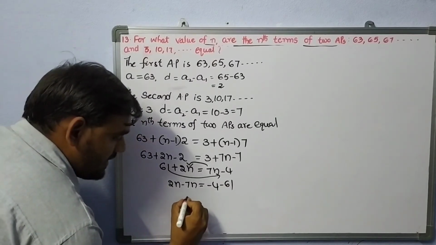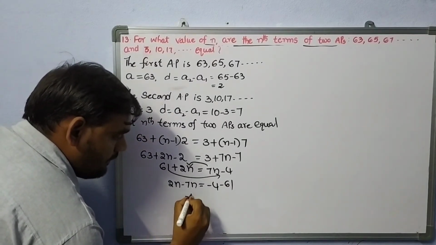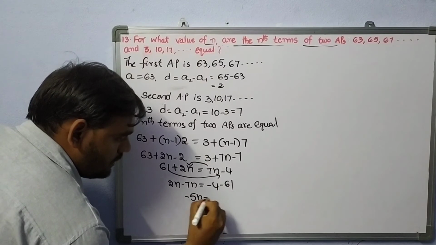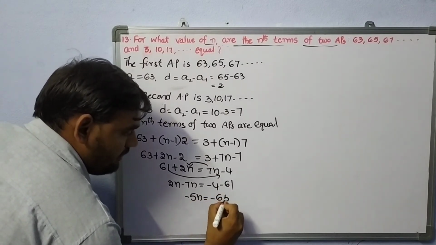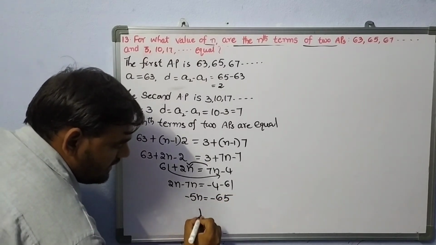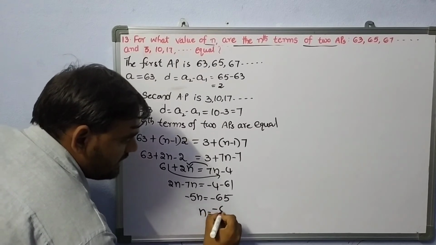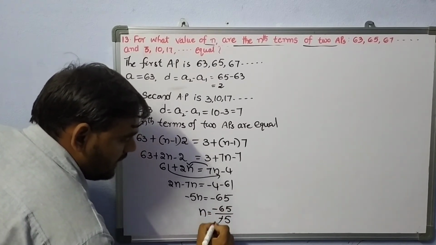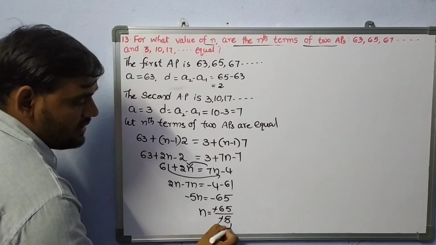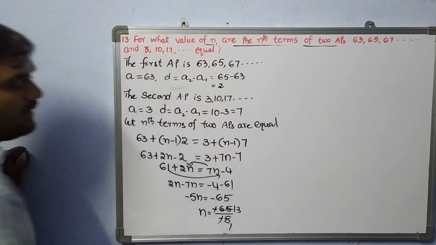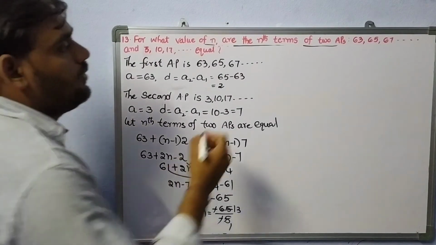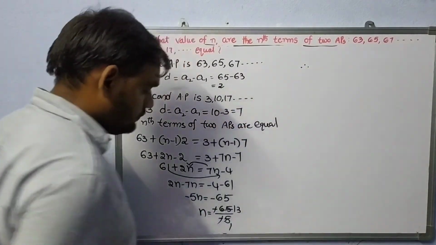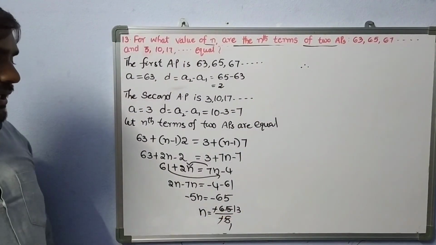So minus 5n is equal to minus 65. Now n is equal to minus 65 by minus 5. Minus minus gets cancelled. 5 ones are 5, 5 thirteens are 65. Therefore, n is equal to 13 we got.